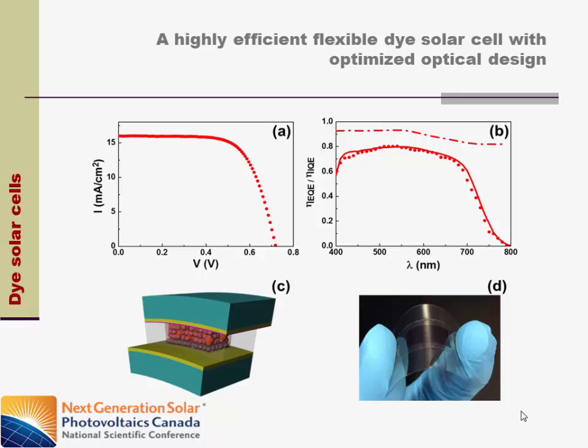We got a very interesting result: 8.6% efficiency with plastic substrate, which I think is the highest value reported for plastic substrate for a dye solar cell. 7.8% for a fully flexible device like the one you see here, which is close to the world record of fully flexible devices, which is 8%. And all this was a gradual development based on optimizing the scattering inside the solar cell.